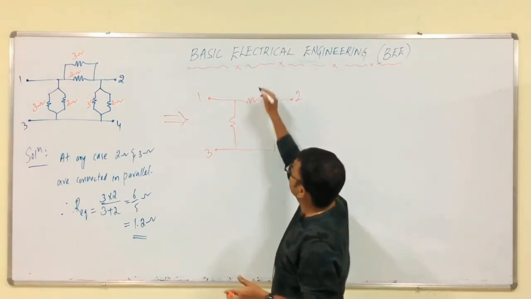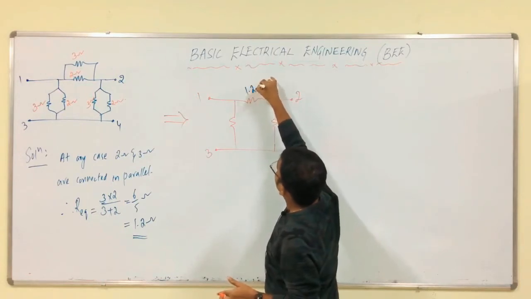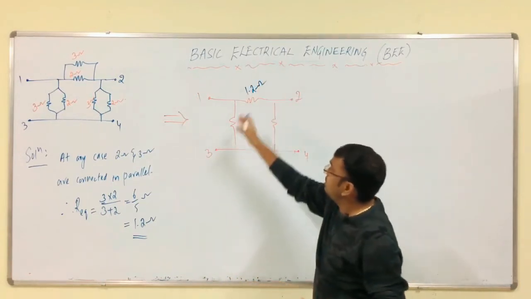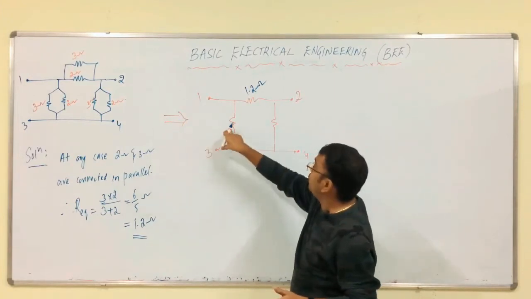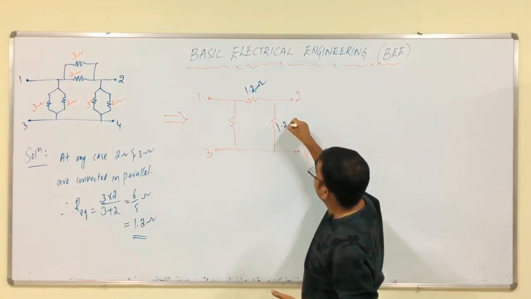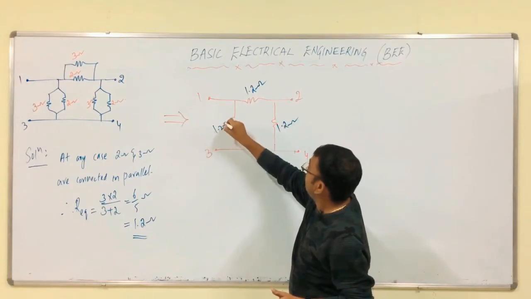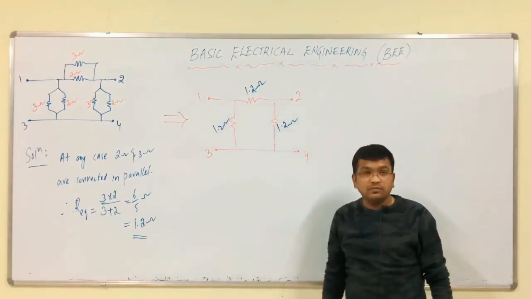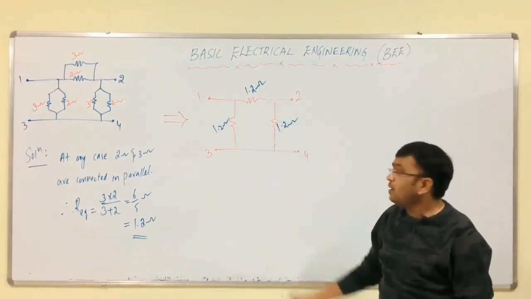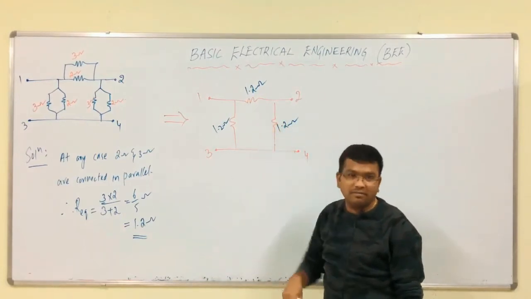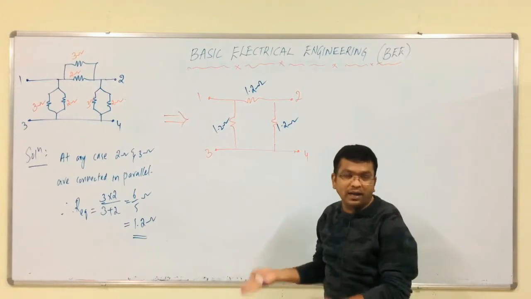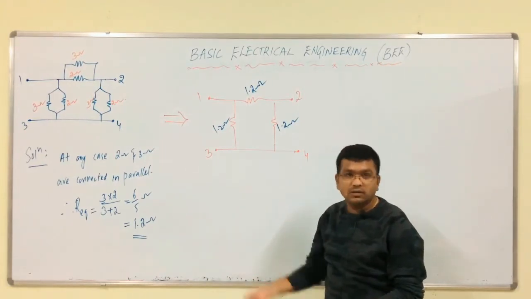So, this is 1.2 ohms, because in the previous case 3 and 2 are in parallel. So, like this 1.2, 1.2. It looks like a pi network, the actual network is a pi network, but we have to convert it into delta. So, pi is equal to delta, T is equal to star.